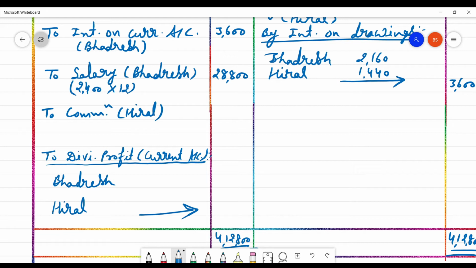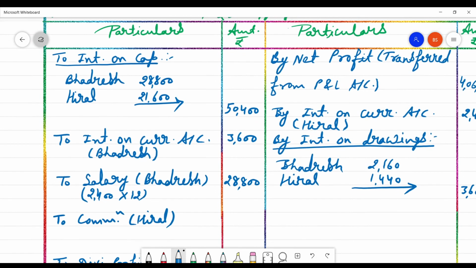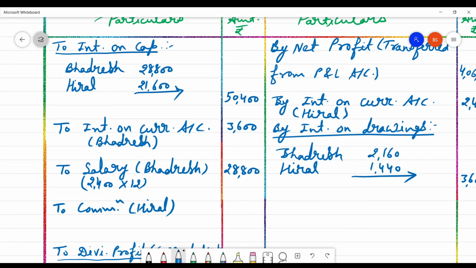So when we deduct the debit balance from 4,12,800, we will get the combined amount of divisible profit as well as commission amount. So deduct it: 4,12,800 minus 50,400 minus 3,600 minus 28,800.